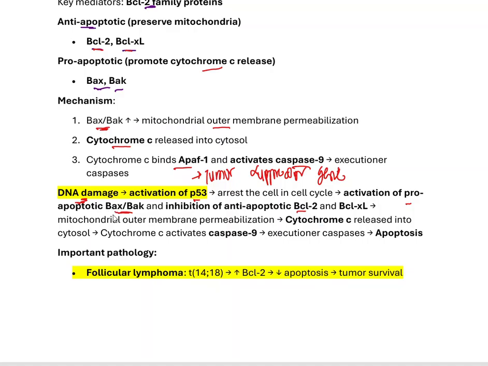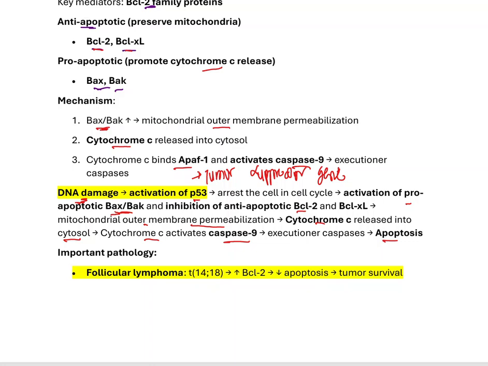So these pro-apoptotic genes, BAX and BAK, are going to cause what? Mitochondrial permeability. And that will allow the cytochrome C in the mitochondria to be released into the cytosol. And this cytochrome C is going to activate what? Caspases. And that's going to lead to what? Apoptosis. Very good. So that's the intrinsic pathway.